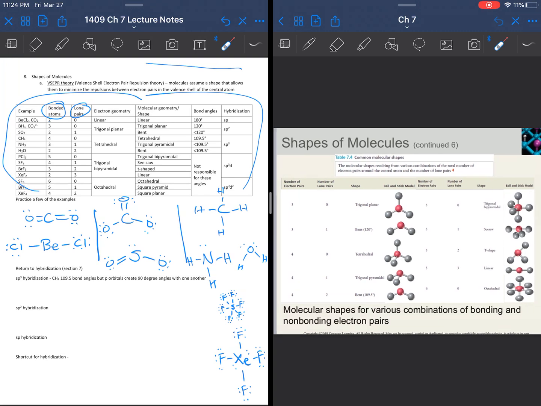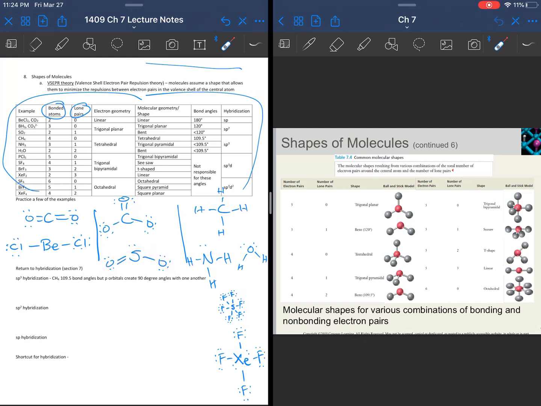Once we look at sulfur dioxide, it's 3 sets of electrons all repelling each other. So it makes sense that it has trigonal planar electron geometry. But oftentimes when we talk about shape, we're talking about what shape do the atoms make.